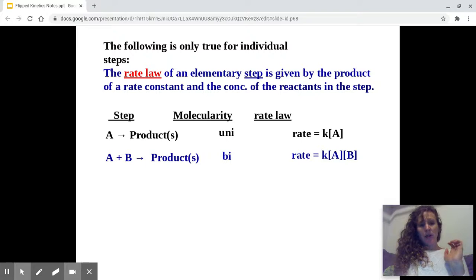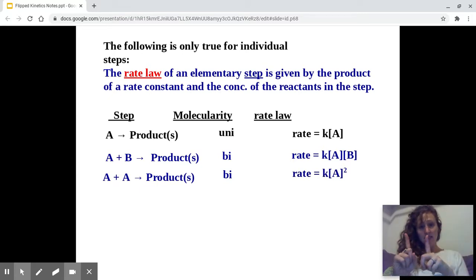Now, you can also write a bimolecular reaction, like we talked about with HI, when you have two of the same. And in that case, notice that the rate law represents the reactants, and the coefficient in 2A goes to product is going to match the order, A raised to the second. Again, something that's not true for writing the rate law for an overall reaction.